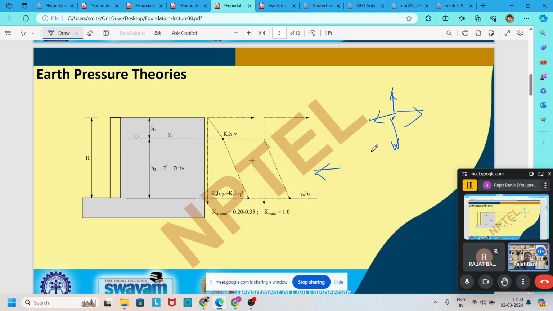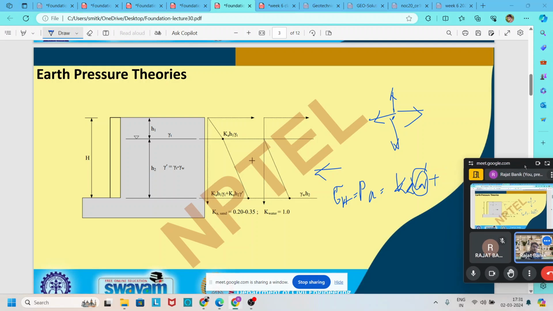In horizontal earth pressure, this active earth pressure, sigma h, or we can say PA, is equal to K into sigma V. So to find out the sigma V, we find out the effective vertical stress. But if the water table is present, then there is water pressure also added, because we know that water exerts pressure in all three directions.